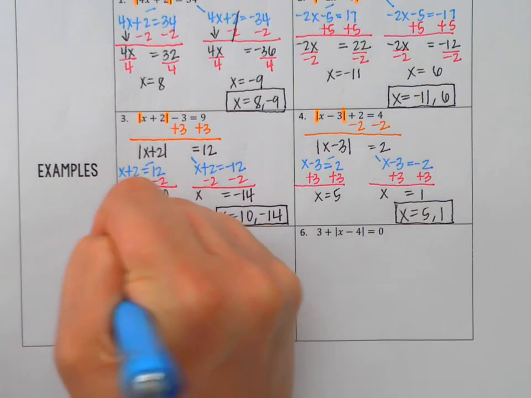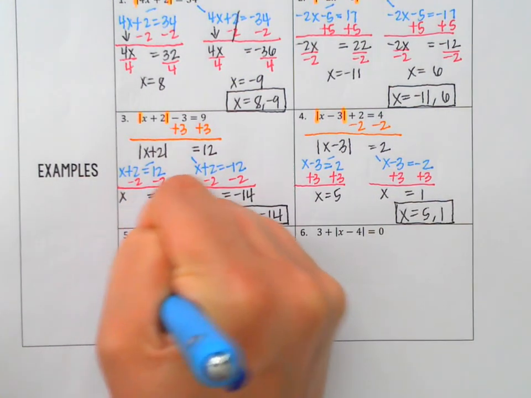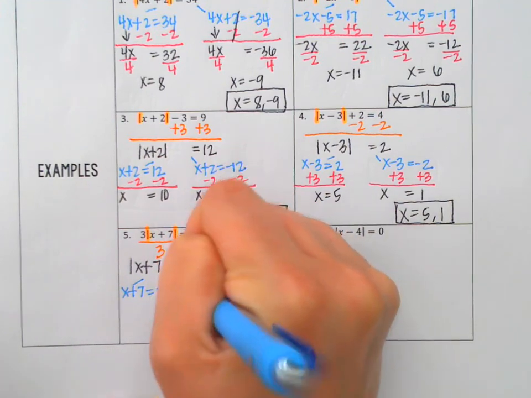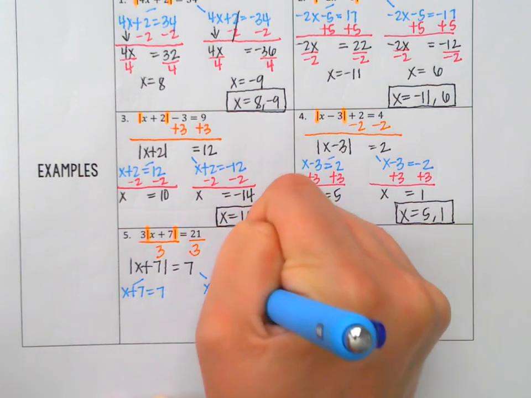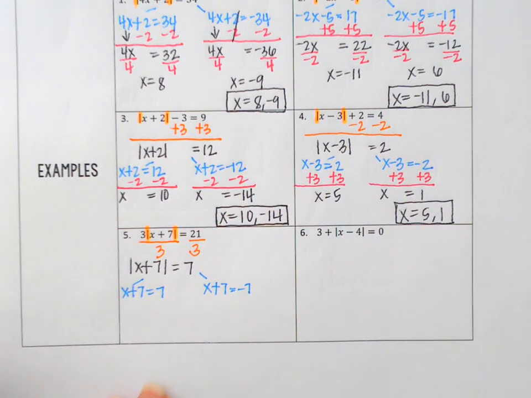So I have x plus 7 equals positive 7, and then x plus 7 equals negative 7. Notice when I split it into my 2 separate equations, the absolute value symbols go away. Now I can actually start to solve for x.